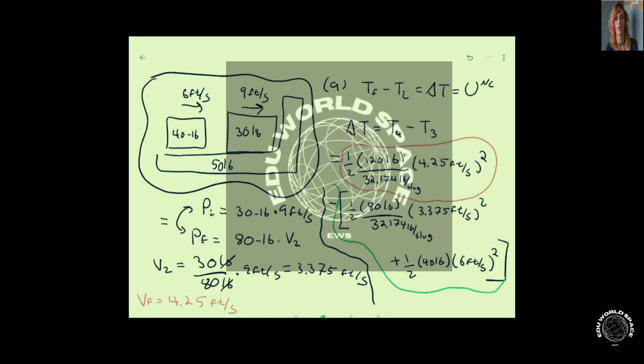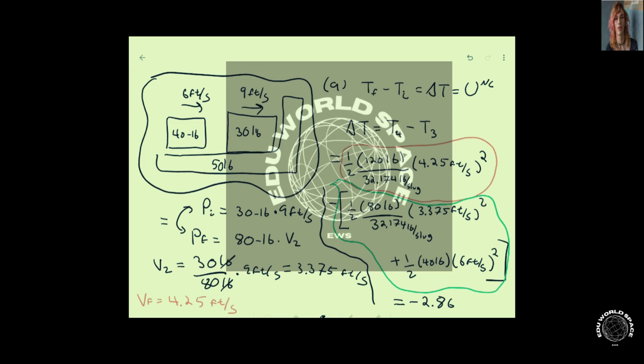Prior to the 40-pound suitcase landing on our baggage carrier, we still have the 30-pound suitcase and 50-pound baggage carrier traveling at 3.375 feet per second, and then we're throwing that 40-pound suitcase onto it. So we have that kinetic energy from our 40-pound suitcase traveling at 6 feet per second. So we take the difference in those two things. That's going to give us how much energy we have lost in our system due to the change in kinetic energy, and we see that it ends up being a negative 2.8.